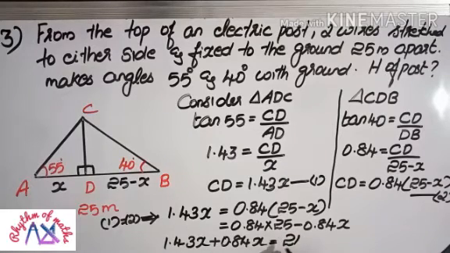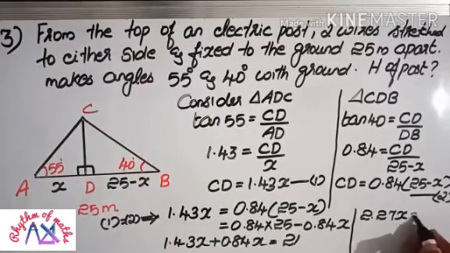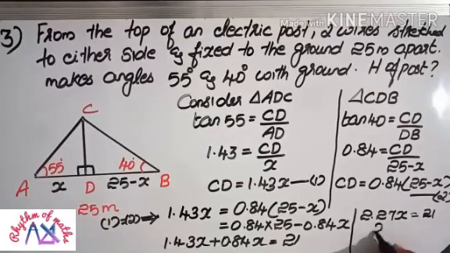Adding 1.43x and 0.84x we get 2.27x. So 2.27x equals 21, so x equals 21 by 2.27. When you divide this, you get 9.3 meters. That means x is 9.3 meters.